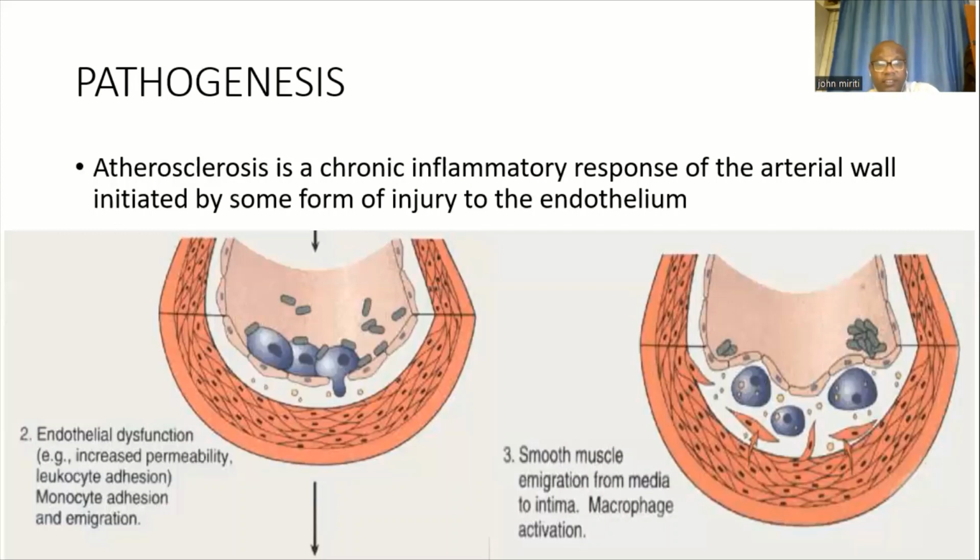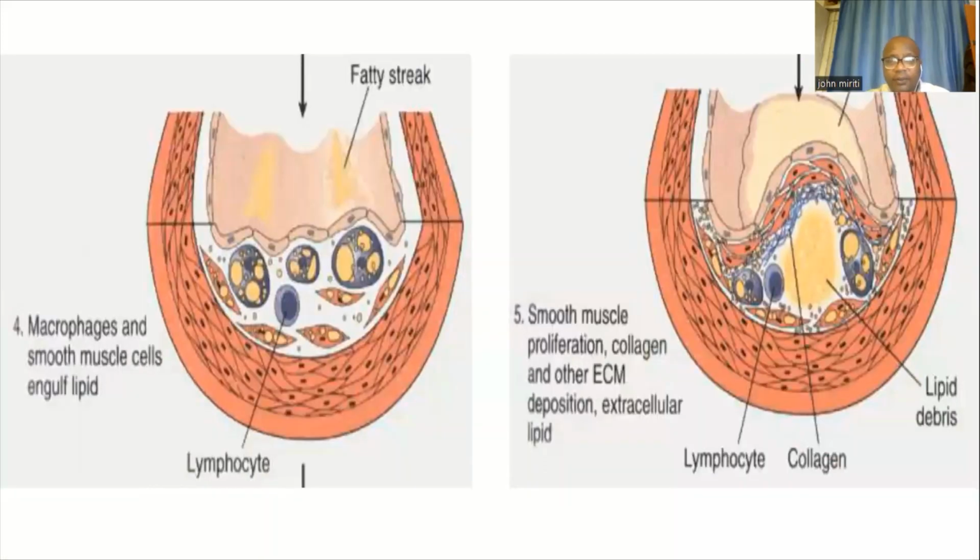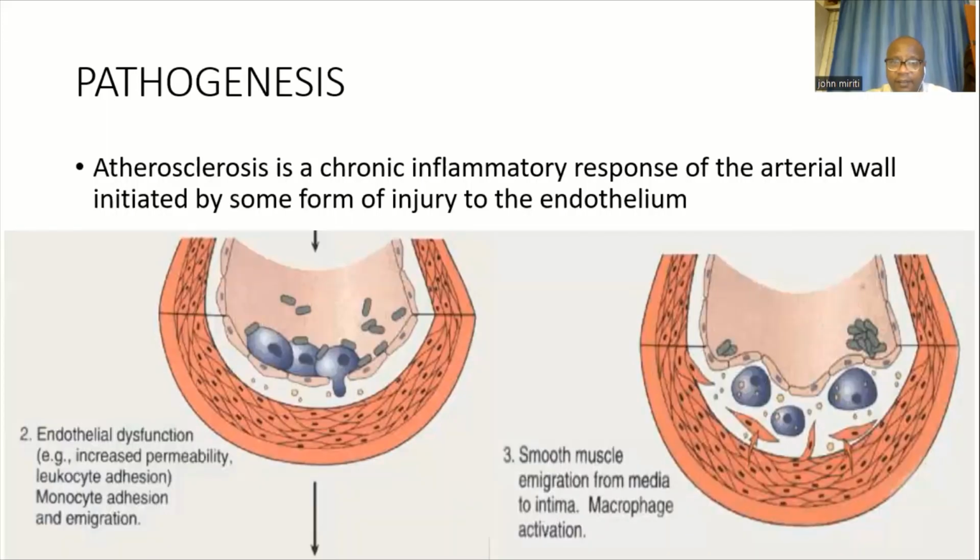All these can initiate what is called atherosclerosis, hardening of the blood vessels. So in number one, we can see endothelial dysfunction because of increased permeability. Leukocytes start adhering, and then monocytes adhere and start migrating from the blood flow into the walls. So they now start attacking the walls.